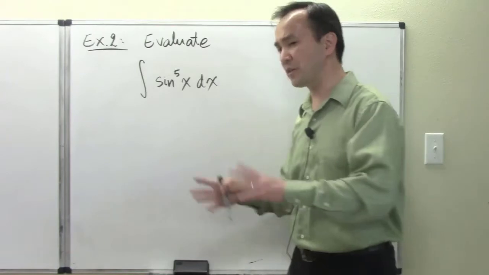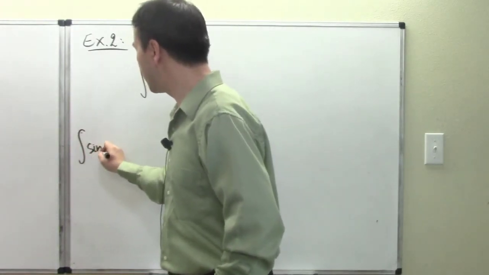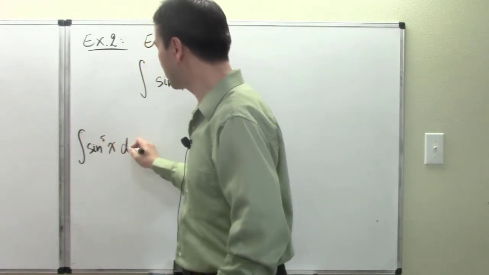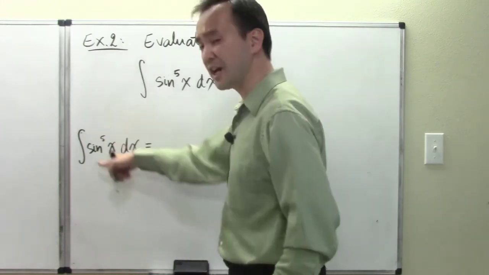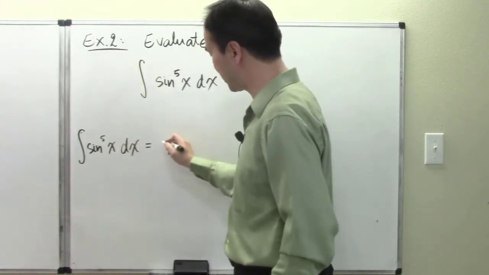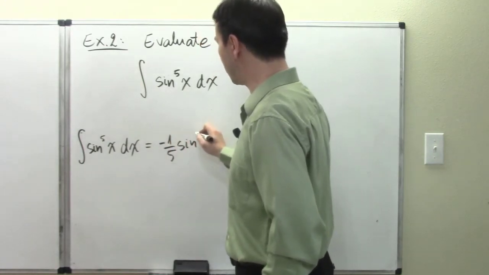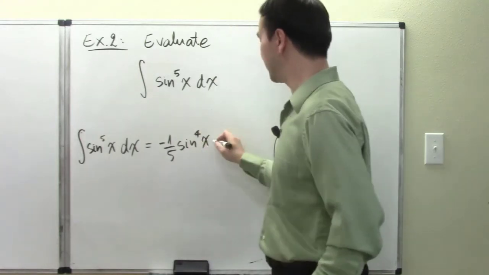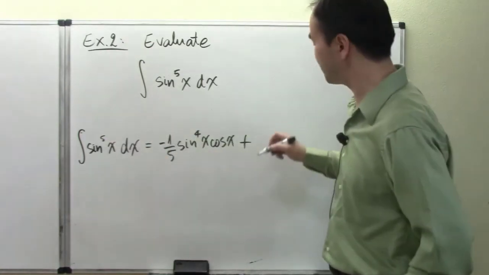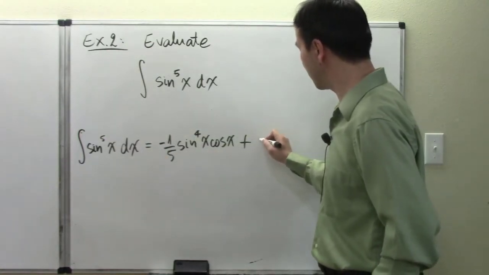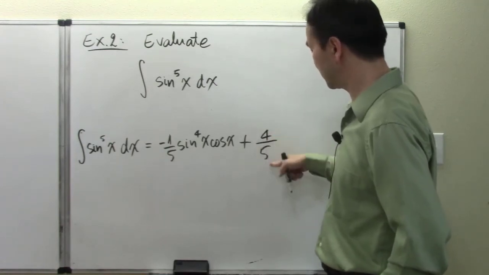work. So here's briefly how it works. Starting out with sine to the 5th, we can use the reduction formula for sine to the nth of x, turning this into negative 1/5 sine to the power 4 of x times cosine, plus, now with power 5 here, we need 5 minus 1, which is 4, over n, which is 5, so 4/5.